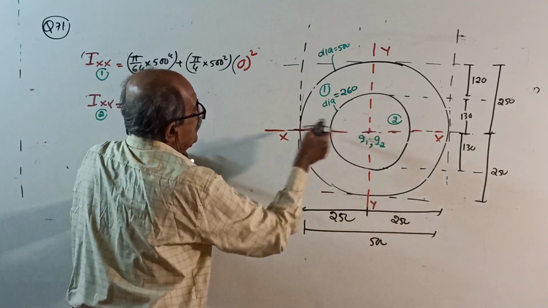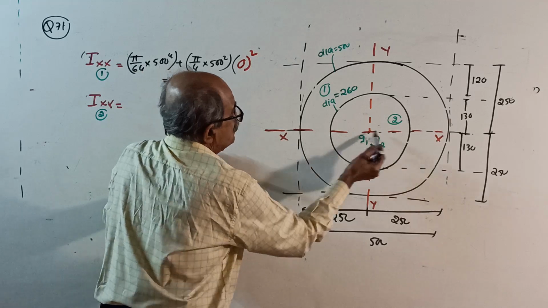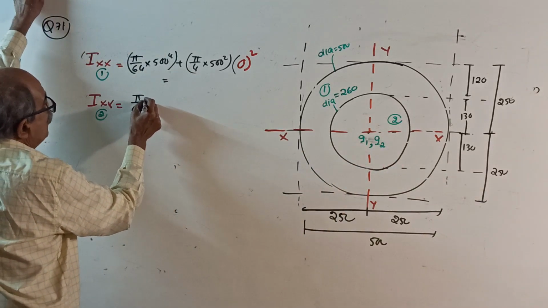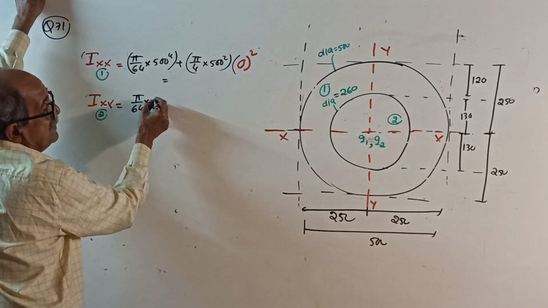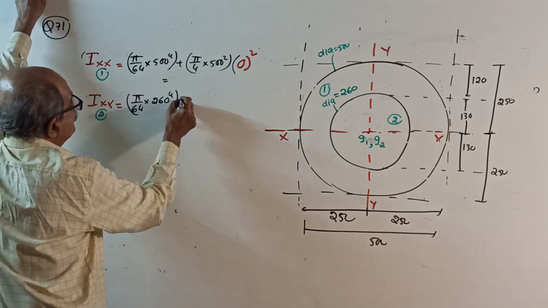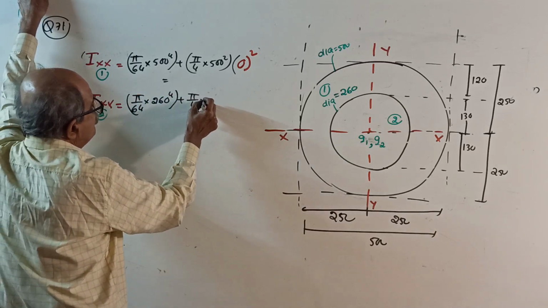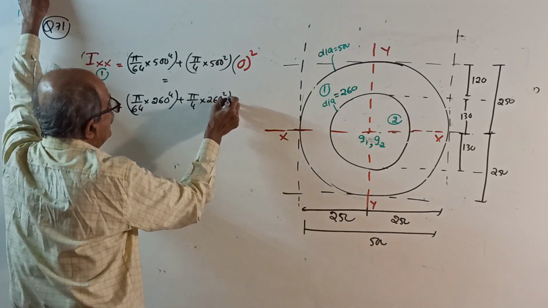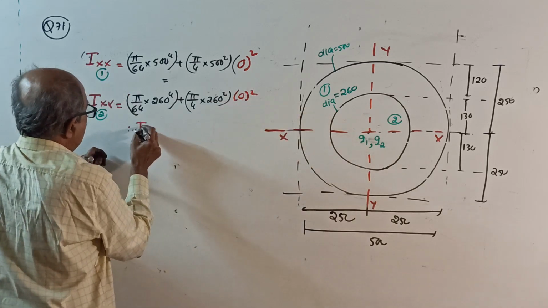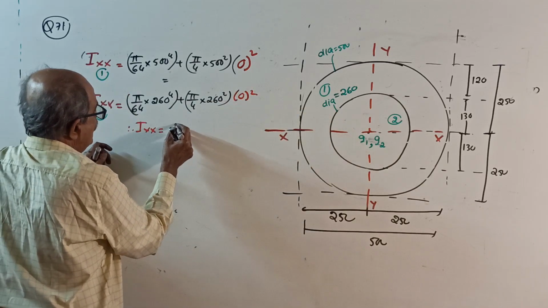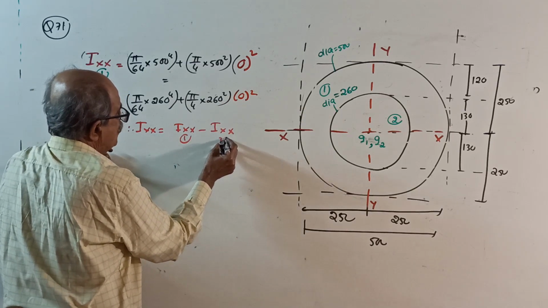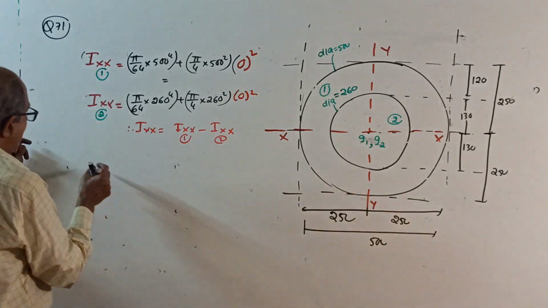I-x-x for 2, again first about its own centroidal axis: pi by 64 of 260 power 4 plus pi by 4 of 260 square into once again 0 square. Therefore, I-x-x finally equals I-x-x for 1 minus I-x-x for 2. You write the answer.